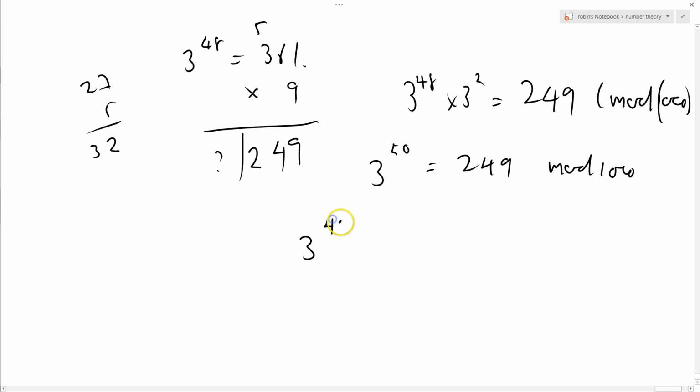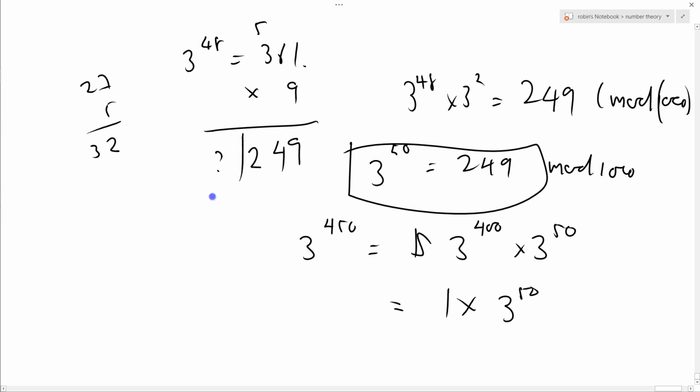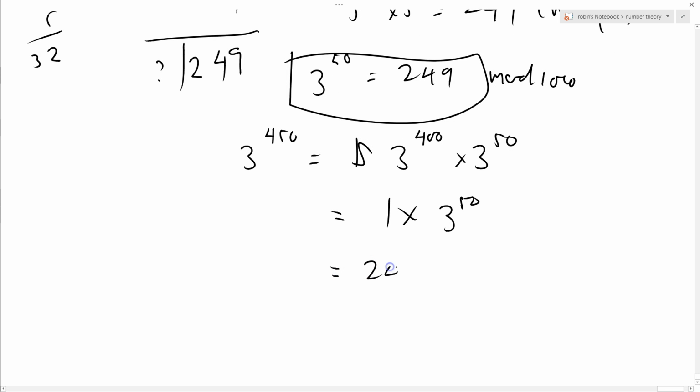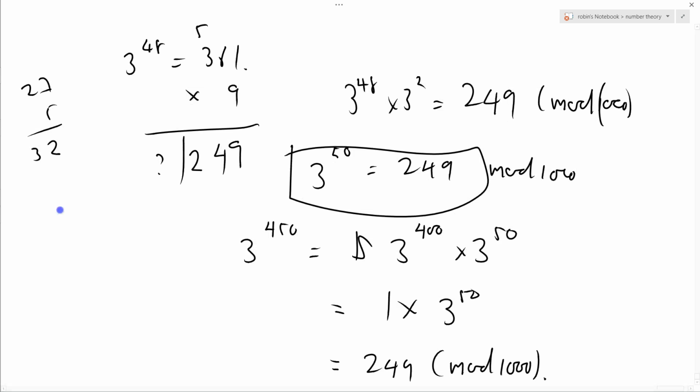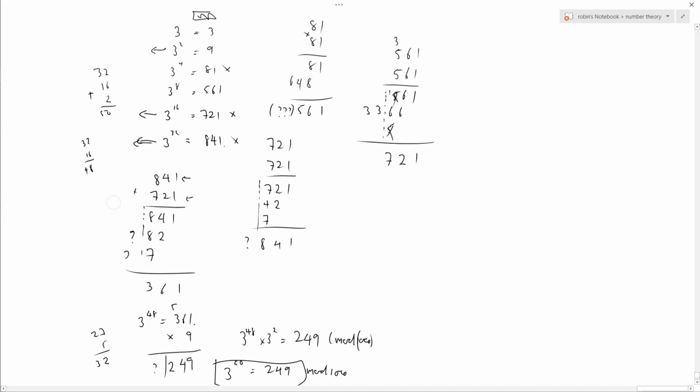Therefore 3 to the power 450 equals 3 to the power 400 times 3 to the power 50, which equals 1 times 3 to the 50, and we've got that here, it's 249, all modulo 1000. You'll notice that the hard bit here wasn't the 400.